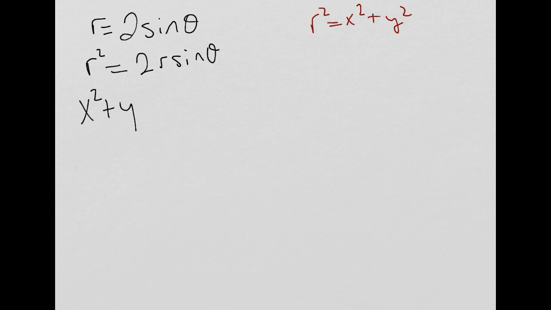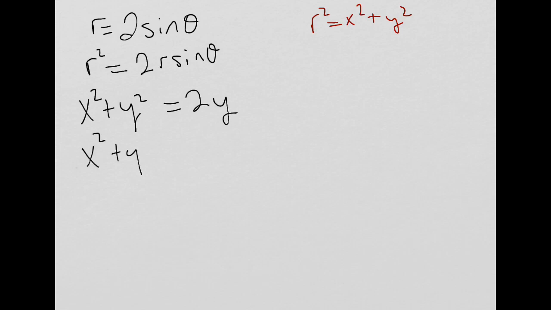So I'm going to use the fact that r squared equals x squared plus y squared, and I'm going to try to get an r sine theta in here. To do that, I'm going to multiply both sides by r. So I'm going to get r squared equals 2r sine theta. r sine theta I can replace with y, and r squared becomes x squared plus y squared. So I'm left with x squared plus y squared equals 2y.